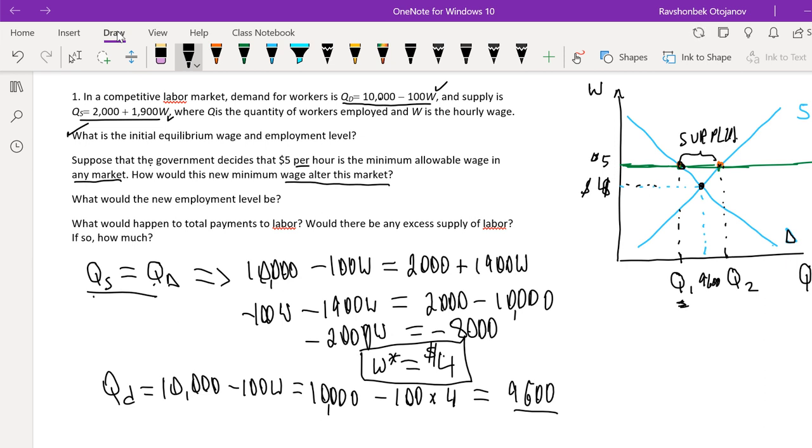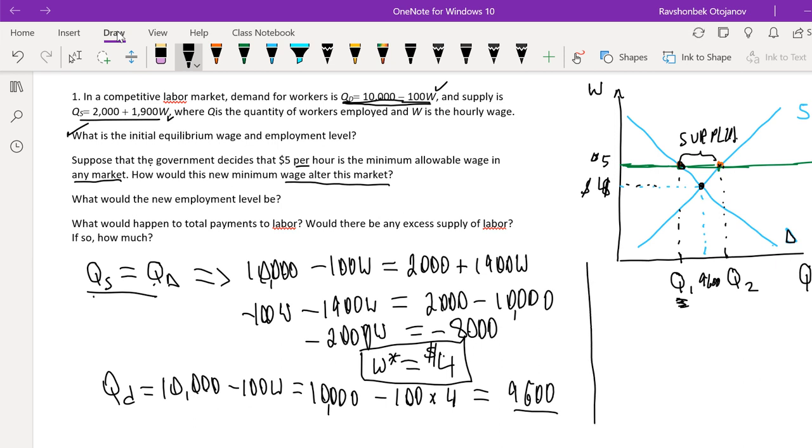So firms employ at the $5 wage rate. Where the price line crosses the demand line, that's the employment level. So to find the employment level, we use the $5 wage rate and plug it into the demand equation.